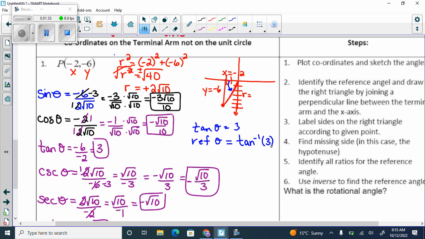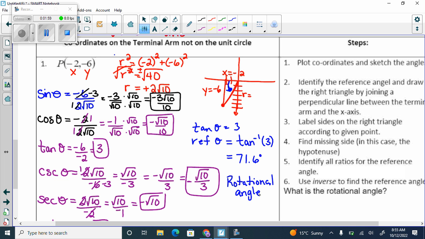So I get, and it depends on what they ask for, I'm going to do to the nearest tenth, 71.6 degrees. So that's this little piece here. So how do I actually get the rotational angle now that I have the reference?